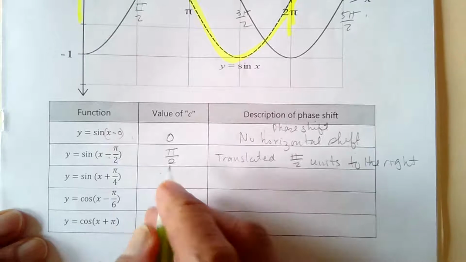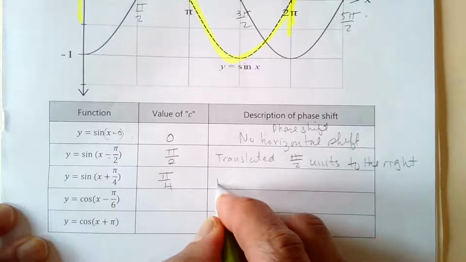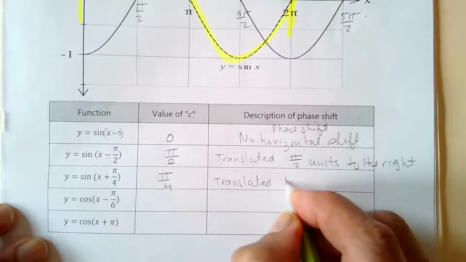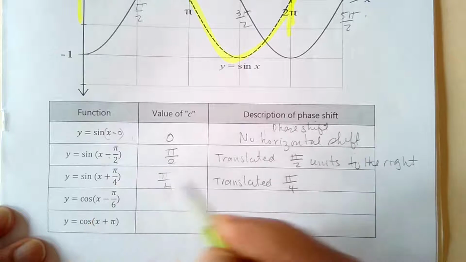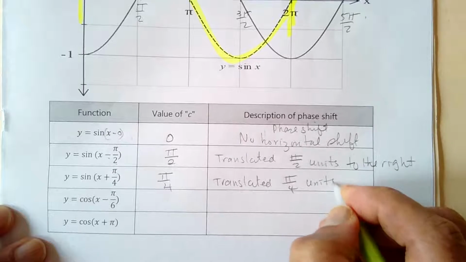Now, this is the value of C which is pi over 4. It's translated pi over 4 units. Because it's positive, it's translated pi over 4 units to the left.